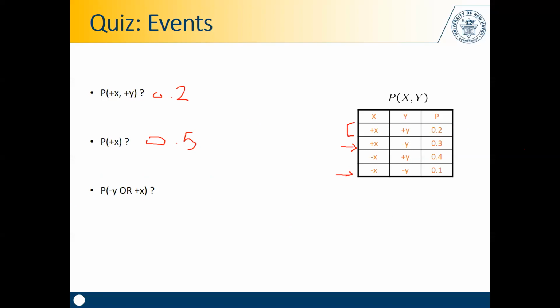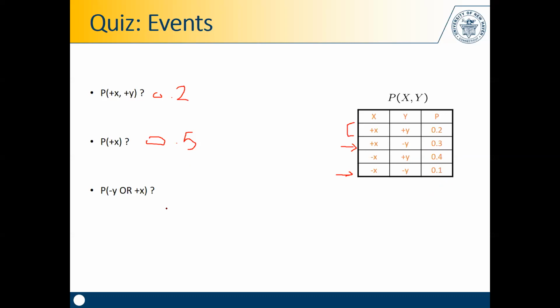It's 0.3 plus 0.1, right? Yes, it's 0.4, Professor. Should we add these two up to get the probability of this event, 0.5 plus 0.4? Ramu? Yeah, we can, but there is a double count, like plus X and minus Y. We need to subtract the intersection of both.